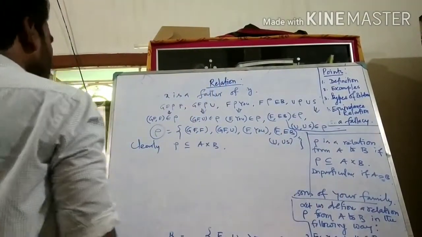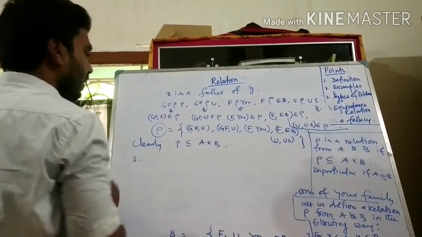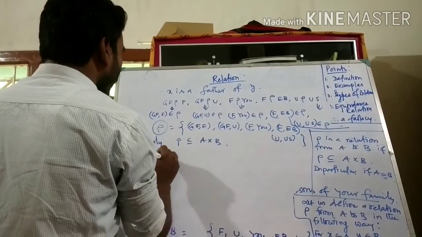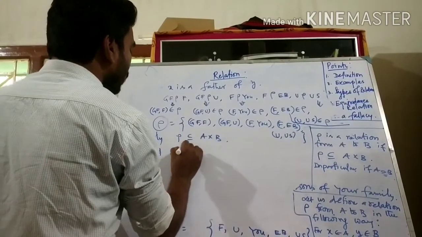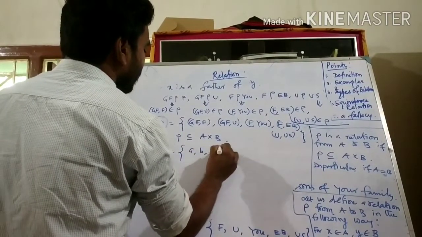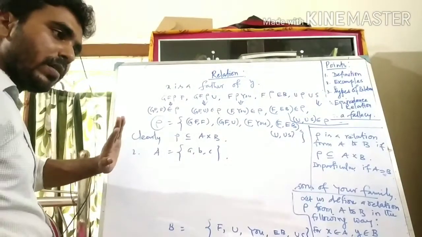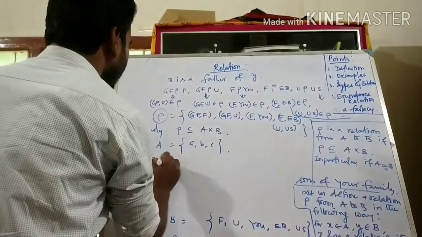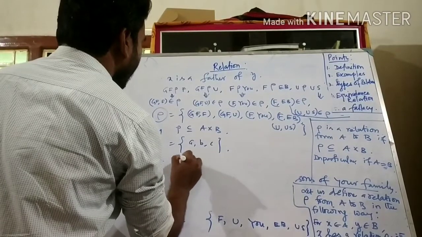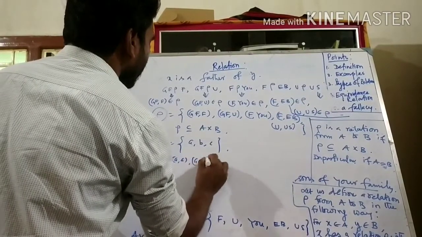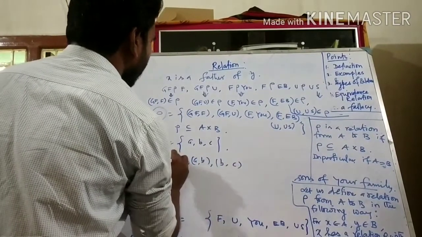Now take an example. Suppose A is equal to this. We are going to define a relation on this set A. Suppose rho is equal to {(a, b), (b, c)}.